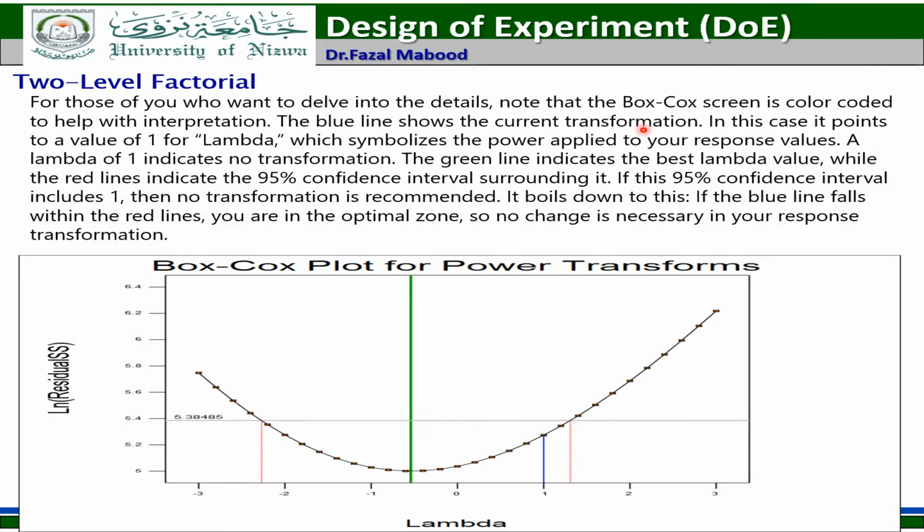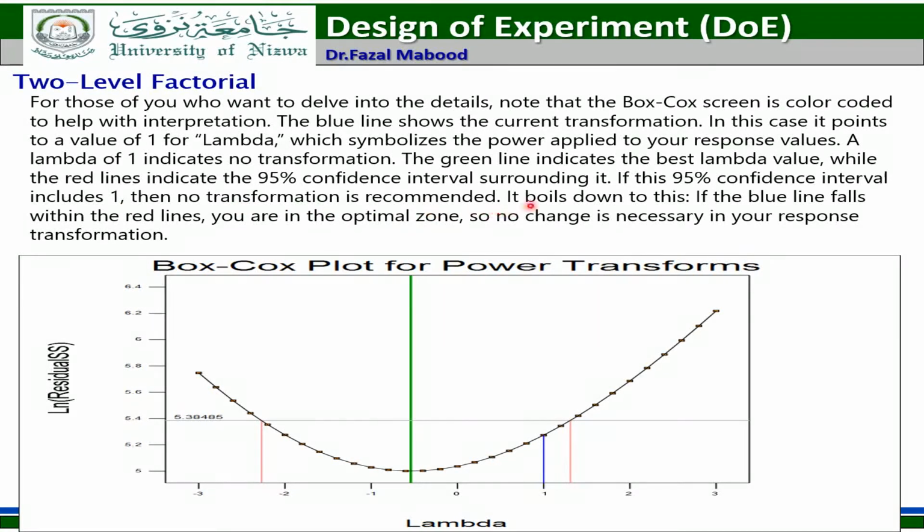The green line indicates the best lambda value, while the red line indicates the 95% confidence interval surrounding it. If this 95% confidence interval includes 1, then no transformation is recommended. It boils down to this: if the blue line falls within the red lines, you are in the optimal zone, so no change is necessary in your response.